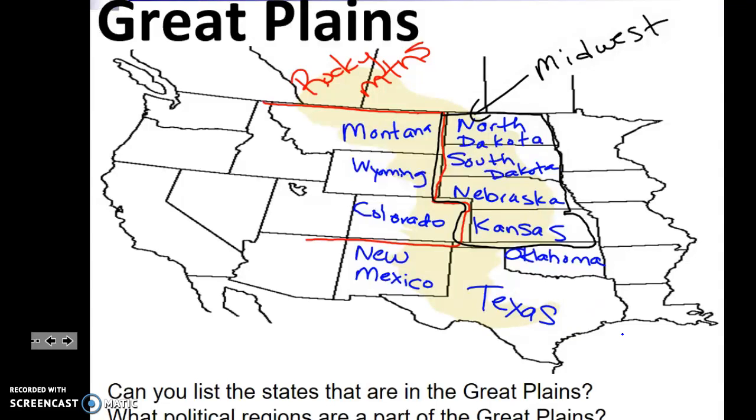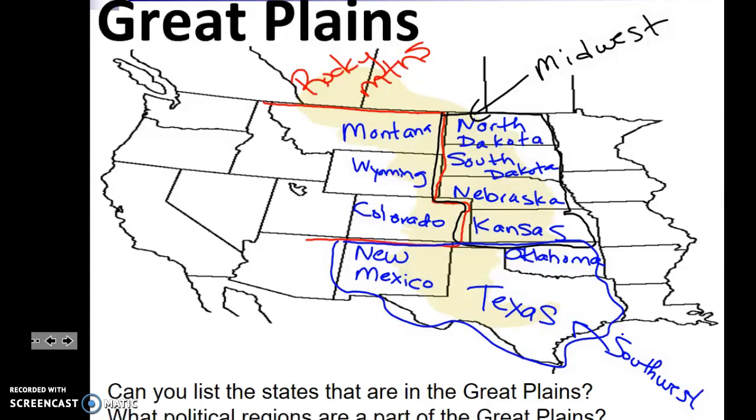And then actually we have one more region left. I'm going to outline it in blue that has the Great Plains in it. And that consists of this right here that I'm outlining in blue, part of it. And this is the Southwest. So we've answered our two questions. What political regions are part of the Great Plains? The Southwest, Midwest, and Rocky Mountains.